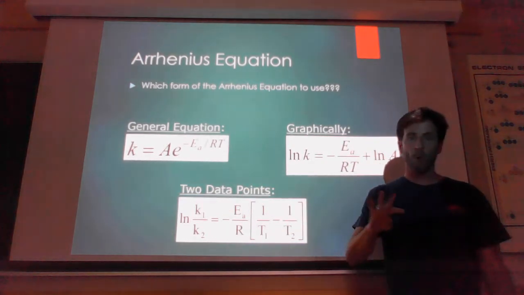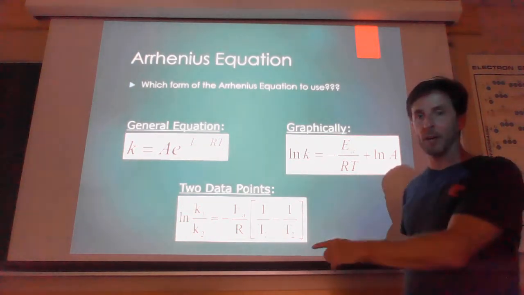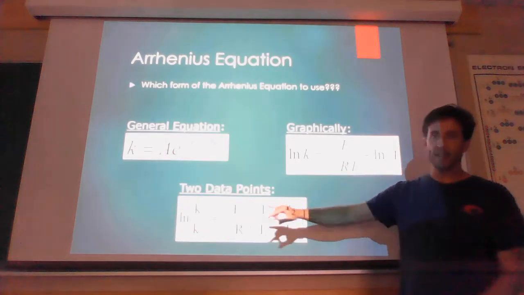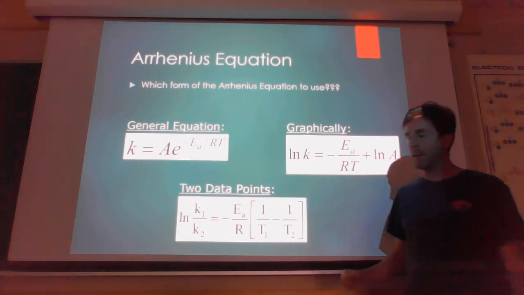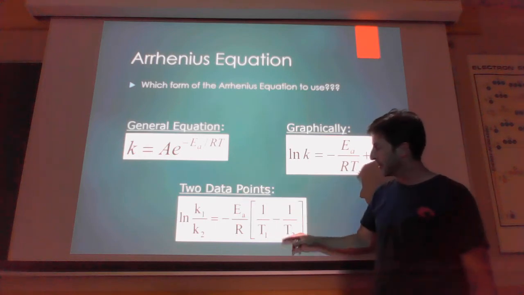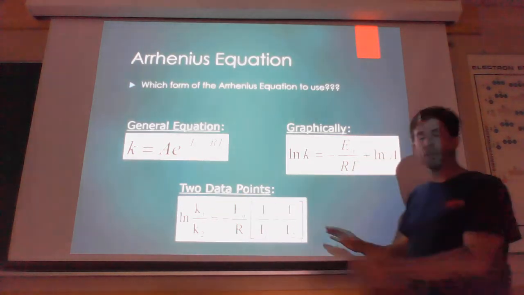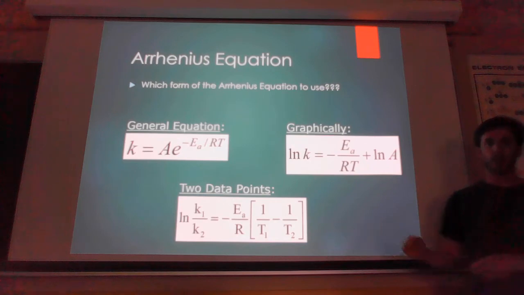We're going to give you 4 out of those 5 values, and then you have to plug it all in and solve for the value you don't know. If we give you both K's and both T's, you might have to solve for the activation energy. If we give you the activation energy, 2 temperatures, and 1 of the K values, you might have to solve for the other K value, or any of that kind of problem. There are 5 variables there; we give you 4 of them, you solve for the 5th.